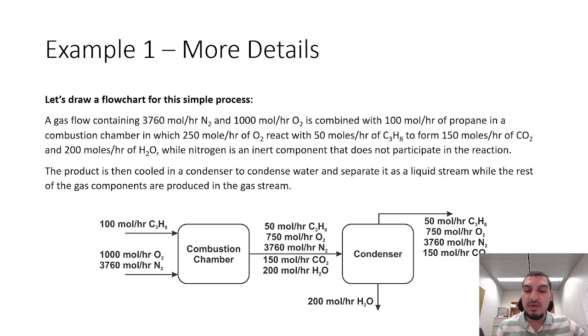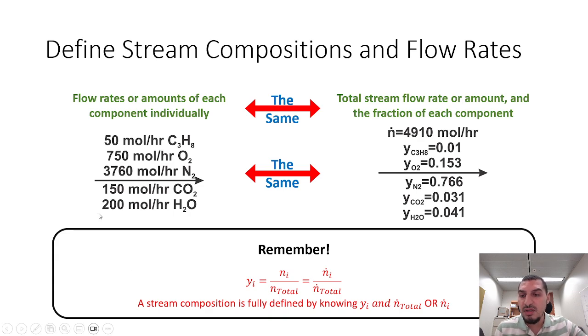So I want to make this point clear now: there are different ways that we can use to define the stream. It's important to know that the information can be put in different methods, but it's the same information expressed in different ways. So this stream that we defined here has five flow rates.